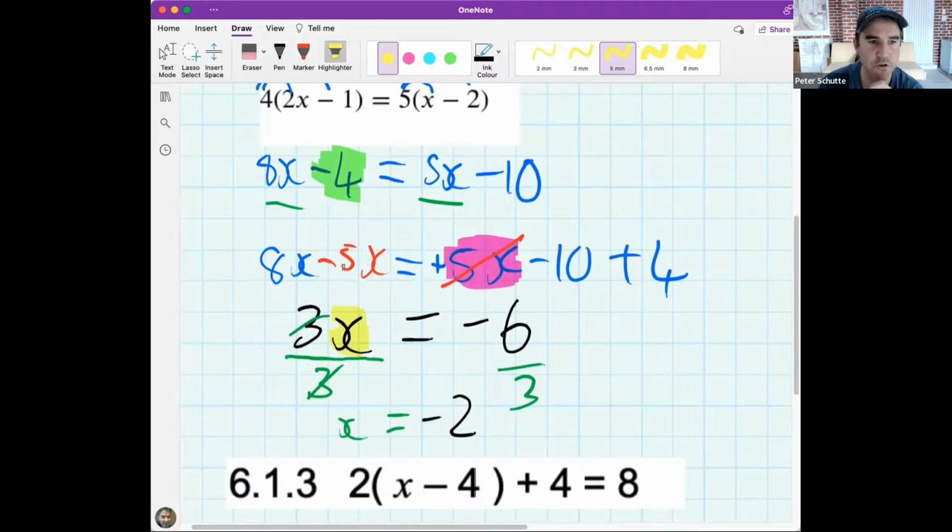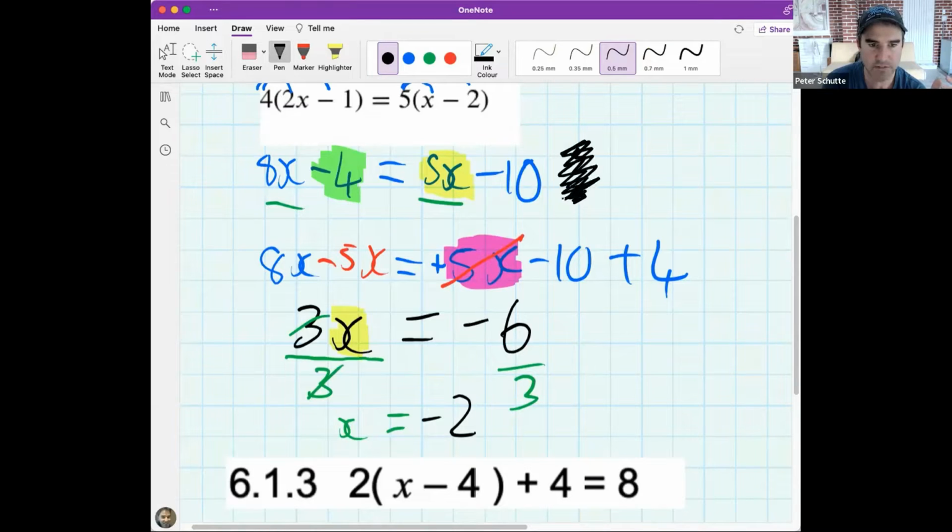Okay, if you look at what I did, are you happy that we have a 5x on this side? Yes. Are you with me on that side? Now, what I did was I said, look, I really want to move this 5x to the other side. And the way I'm going to do it is I'm going to take away 5x first on the right, on your right-hand side.